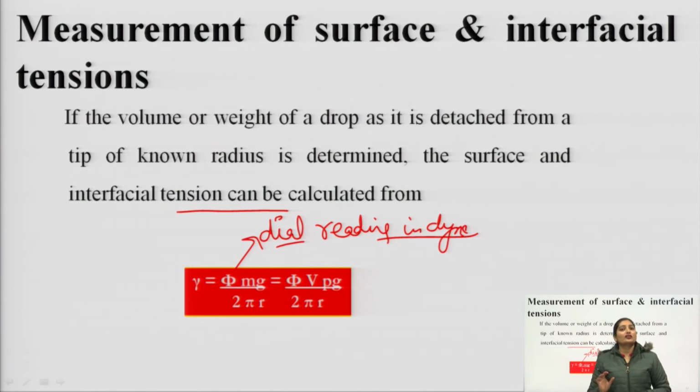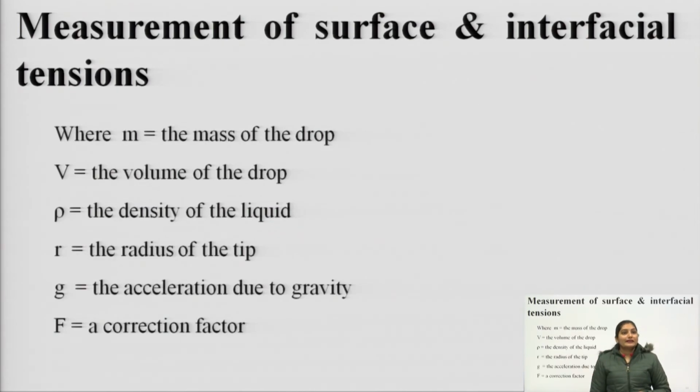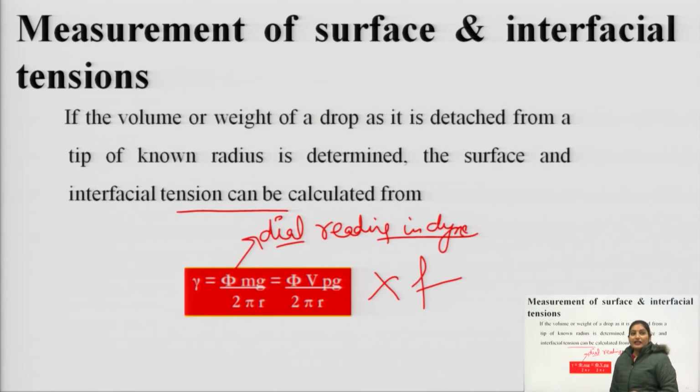25% of results are wrong if a certain correction factor is not provided with this formula. So, we will provide a correction factor that is represented by F. Okay. And then M represents the mass of the drop, V represents the volume of the drop, rho represents the density of the liquid, R is the radius of the tip, g is the acceleration due to gravity, and F is the correction factor.